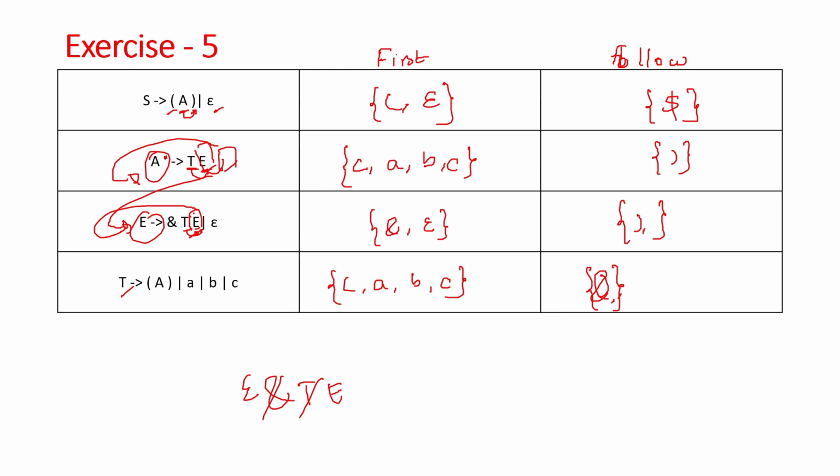Since it is E again, then I have to find the follow, epsilon. Since it is epsilon, T is single again. So since T is single, its follow will come back to A. What is A? A is the second closing bracket.